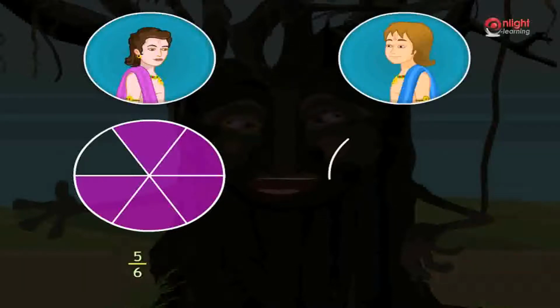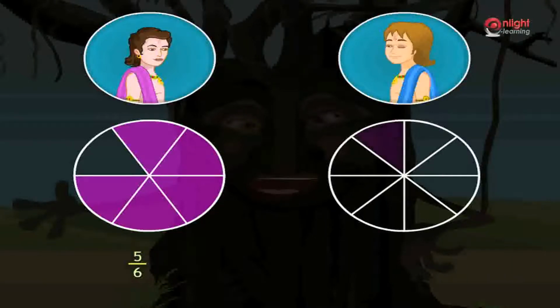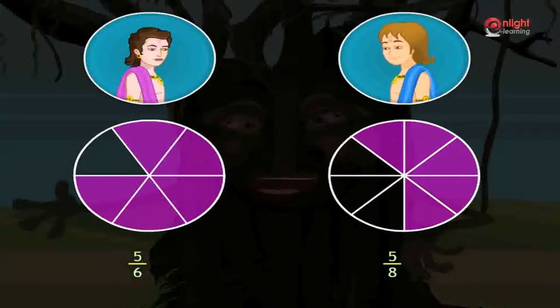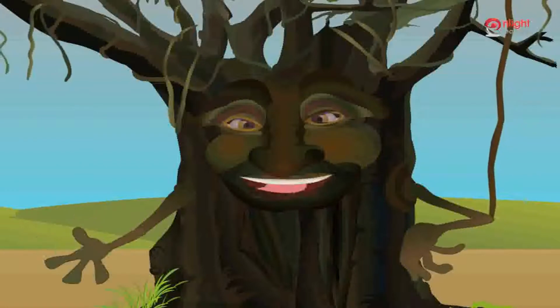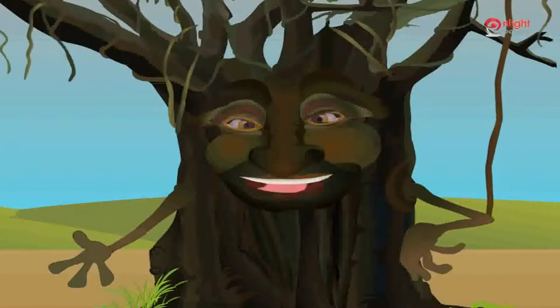Nakul also drew a circle, divided it into 8 equal parts, shaded 5 out of 8 parts and read the fraction as 5 by 8. Now, Nakul started to argue with Yudhishthira that he had shaded more area than Yudhishthira. To get their claim cleared, they took the help of Guruji.